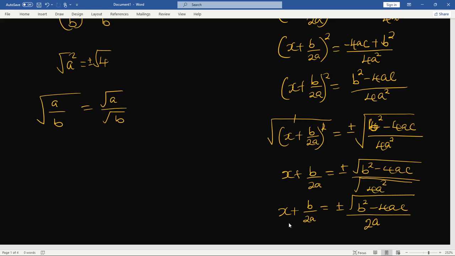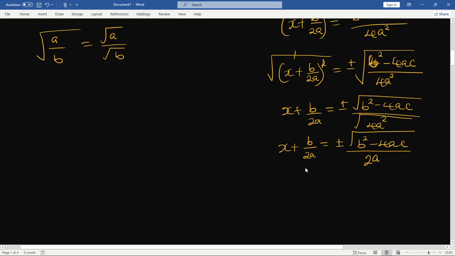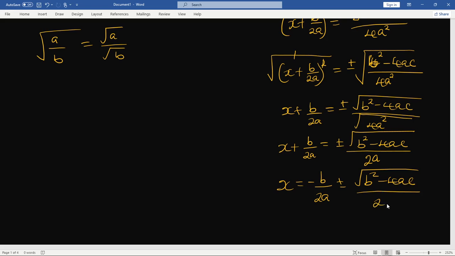Now since we're trying to solve for x, we're going to transpose this b/2a the other side. So we're going to have x equal to negative b/2a plus or minus the square root of (b² − 4ac)/2a, like this. Now when you look at these two, this is a fraction and this is a fraction, so we need to make this a single fraction.